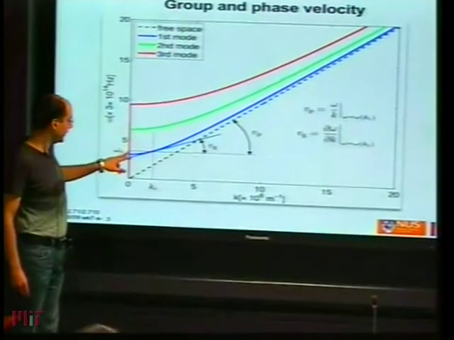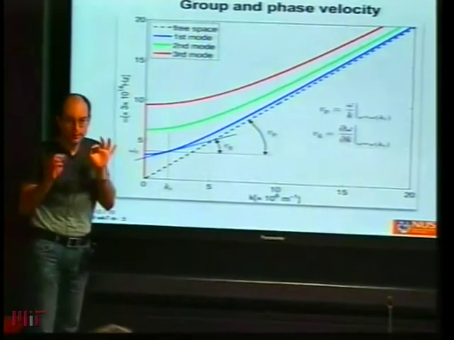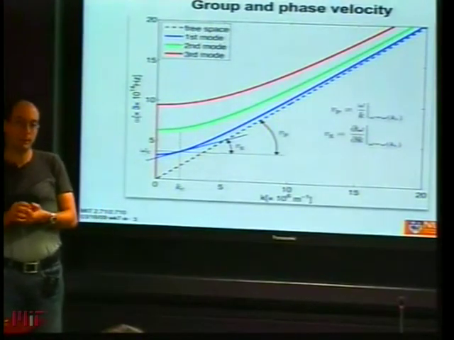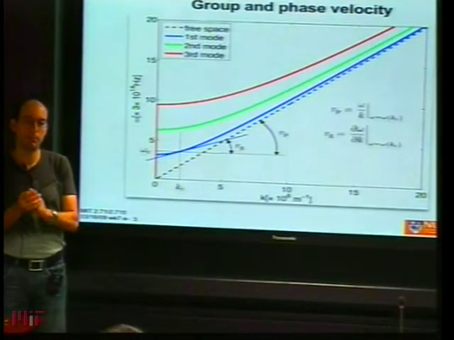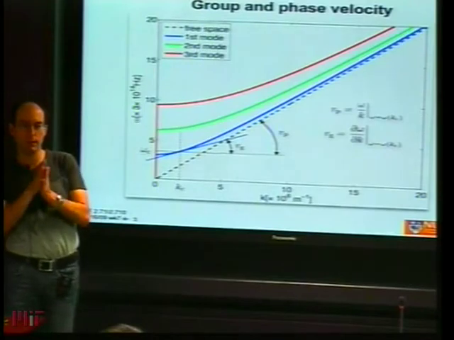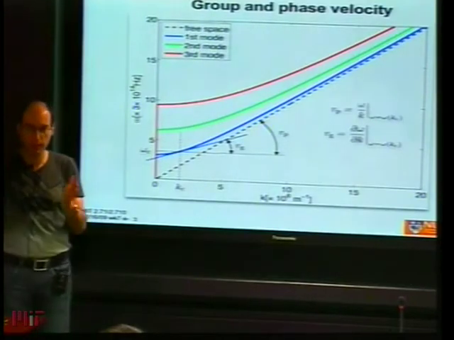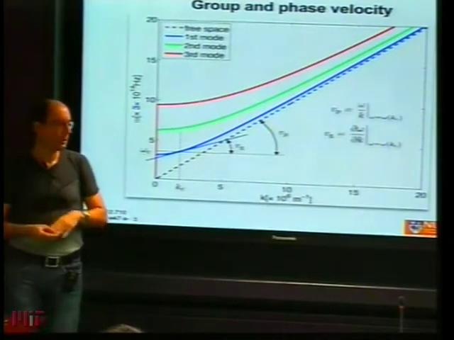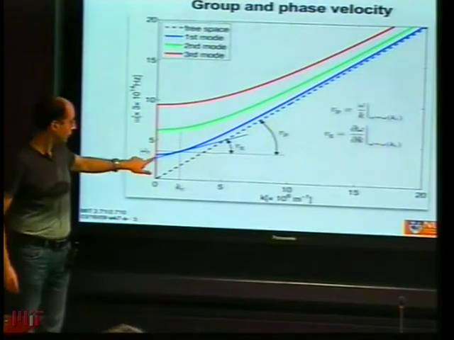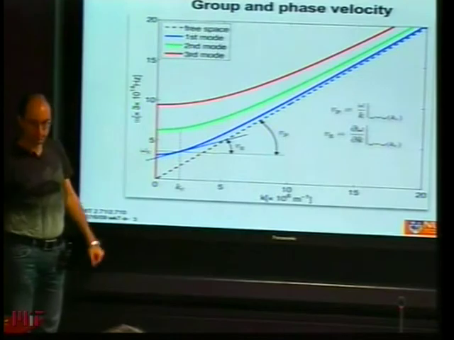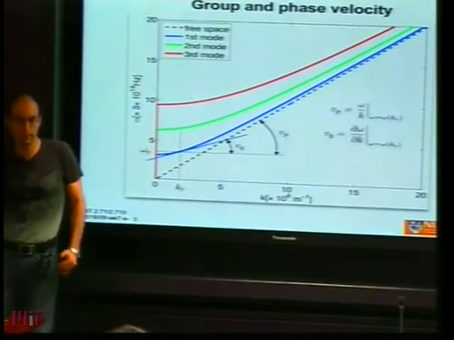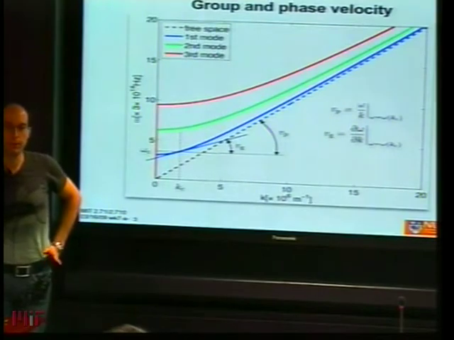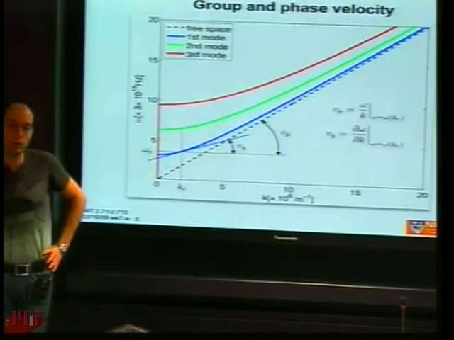In fact, over here there's a point where it is actually 0. So what does it mean? Well, it means that if you really had a light pulse, not the fringes of the light, not the carrier wave, but the envelope, the modulation, and you were to run it at this frequency or very close to it, it would stop, or it would move very, very slowly. So that's the principle of slow light, which also has potential applications.